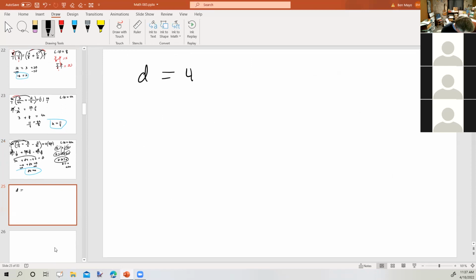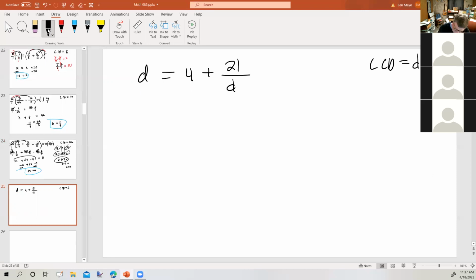d equals 4 plus 21 divided by d. Now, the least common denominator here, keep in mind there's implied ones there. 1 times 1 times d, so the least common denominator is just d.